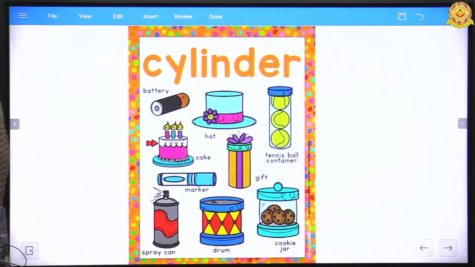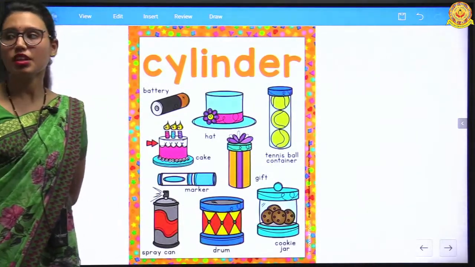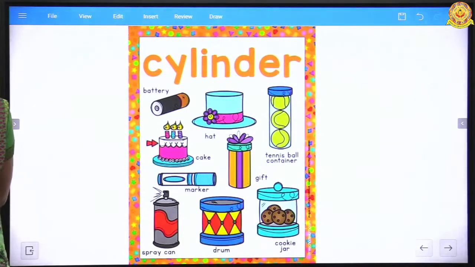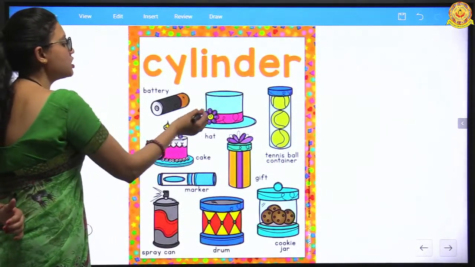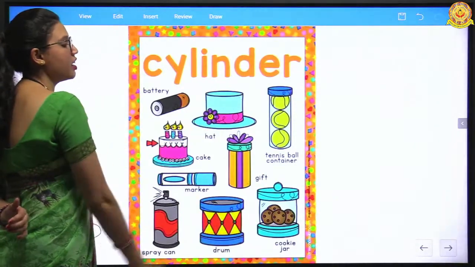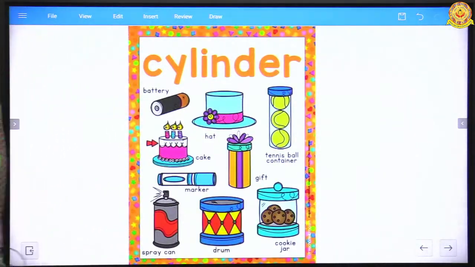If you have ever seen a battery from your remote, it is also looking like a cylinder shape. The upper part of a hat is also similar to a cylinder. And a container of tennis balls is also looking like a cylinder shape.